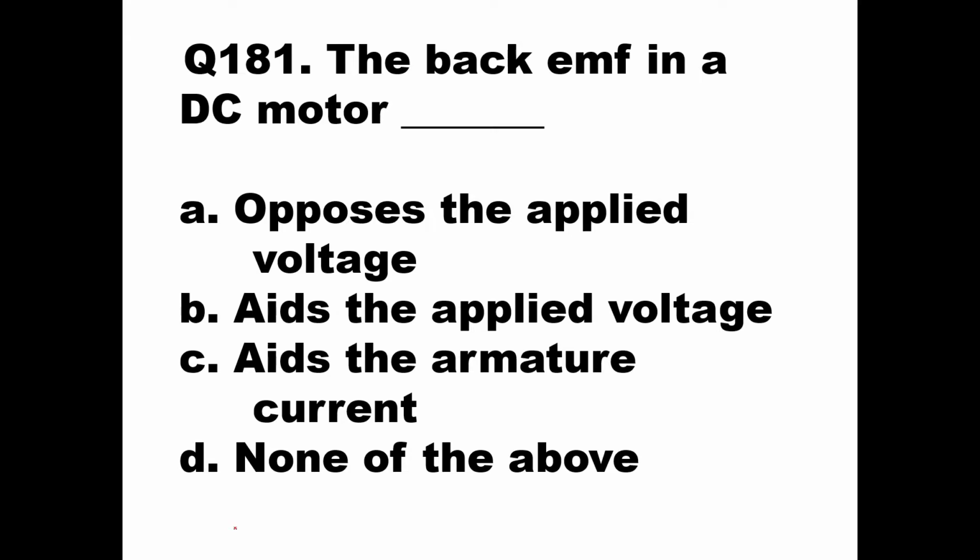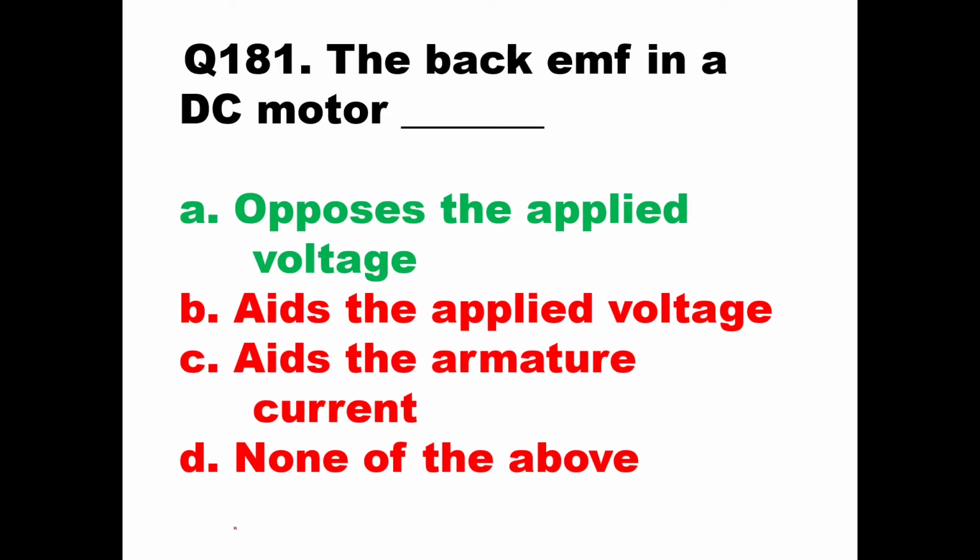Whenever we have a back EMF in a DC motor, according to Lenz's law, its polarity will oppose the very cause producing it. That means option A, opposes the applied voltage, is the right option. The back EMF in a DC motor opposes the applied voltage.